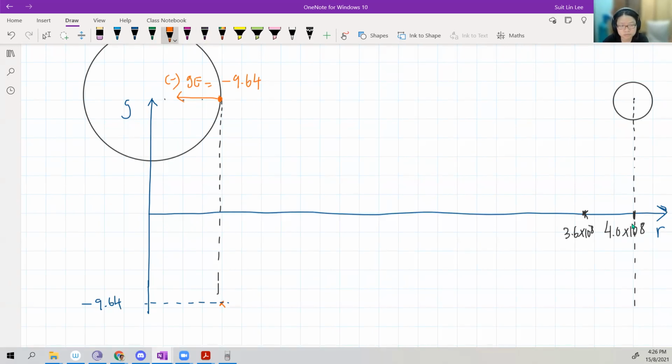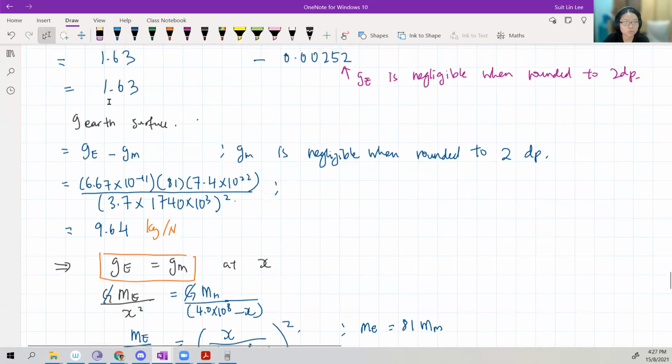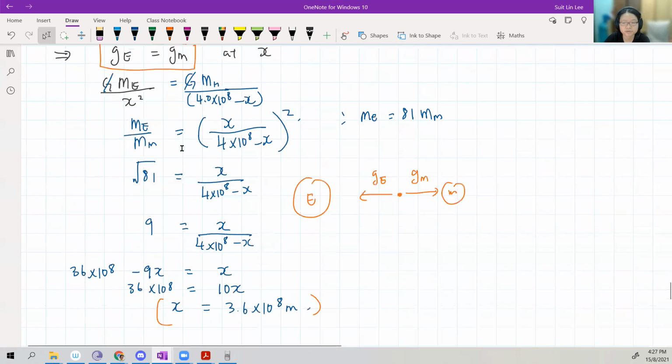So first, gravity is going to be very, very strong. As you travel further away from Earth, the gravitational field will decrease in the opposite direction until it reaches 0 here, and then it will increase. Increase until how much? Positive 1.63 on the moon's surface.